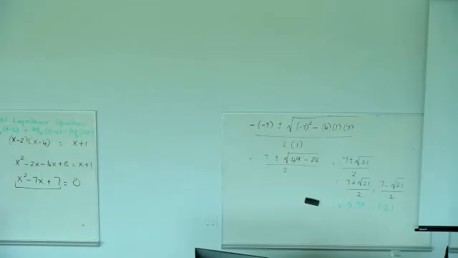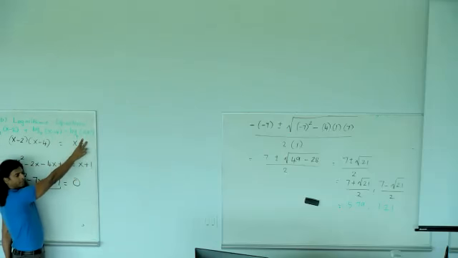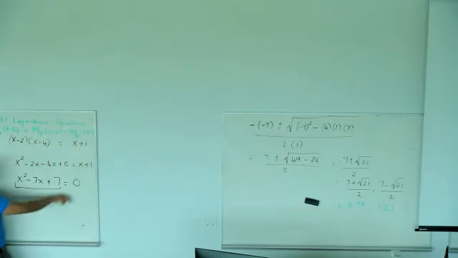Second root, 1.21. We'll plug 1.21 into the right side, it will work. But 1.21 minus 4 gives a negative number, and 1.21 minus 2 gives a negative number.